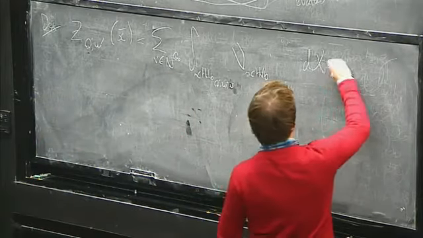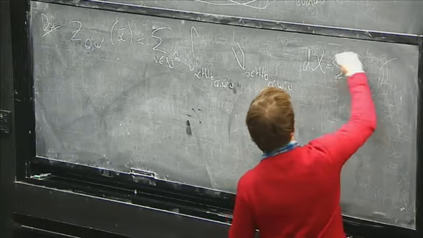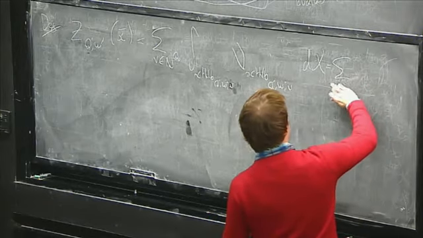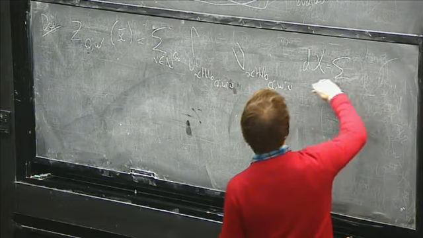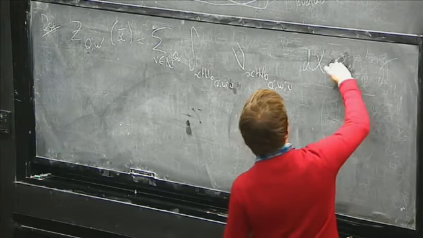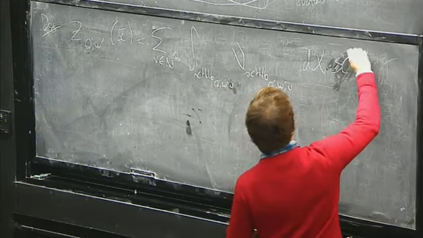So a sort of less confusing way of writing this might be the sum over, and here's the indexing variable.